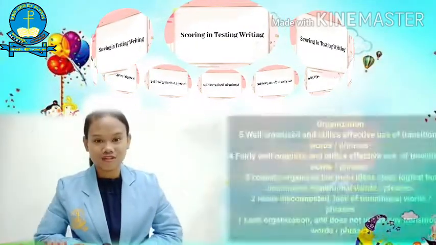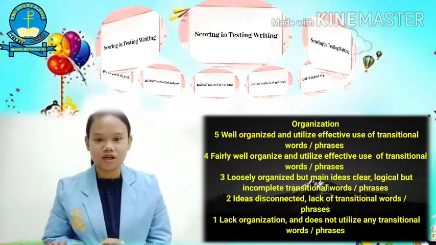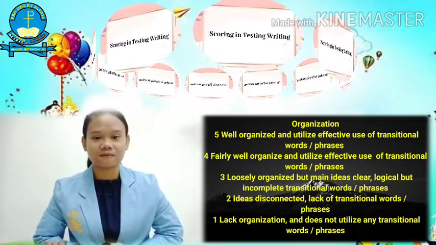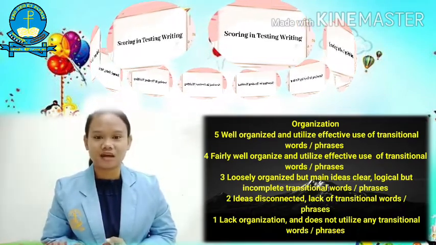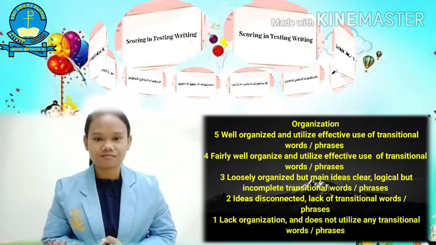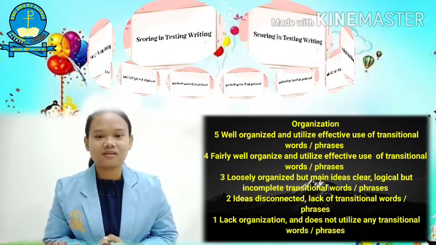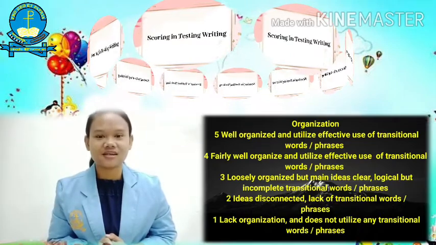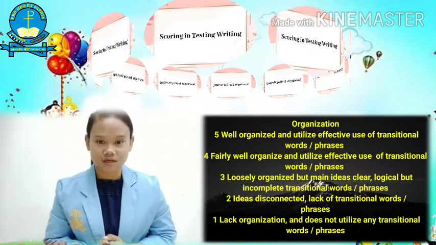And the fourth, organization. For 5 scores, it is very well organized and utilizes effective use of transitional words or phrases. 4 scores, it is fairly well organized and utilizes effective use of transitional words or phrases. 3 scores, loosely organized, but the ideas are clear. 2 scores, ideas are disconnected or lack transitional words or phrases.